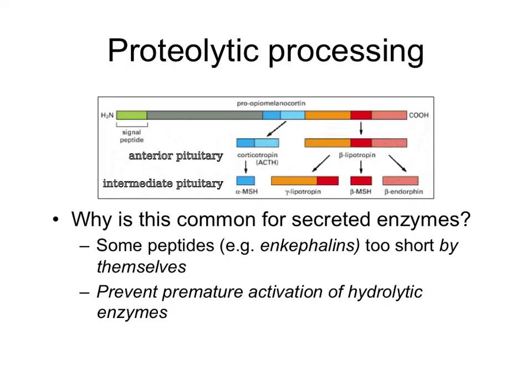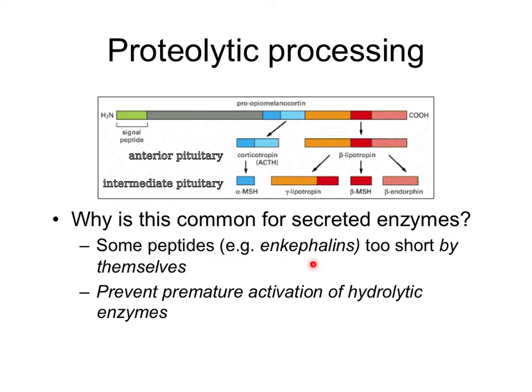So protein sequences that bear these signal peptides undergo proteolytic processing. These zymogens are full length here, and then as they undergo development, they get processed. In the anterior pituitary, this gets processed into these two peptides, which then get further processed in the intermediate pituitary into these four. So why is this common for secreted enzymes?